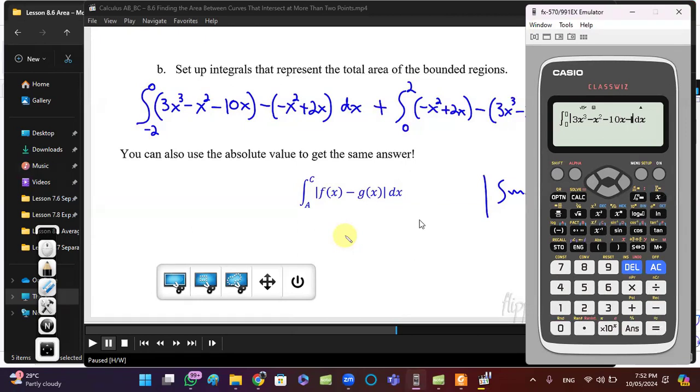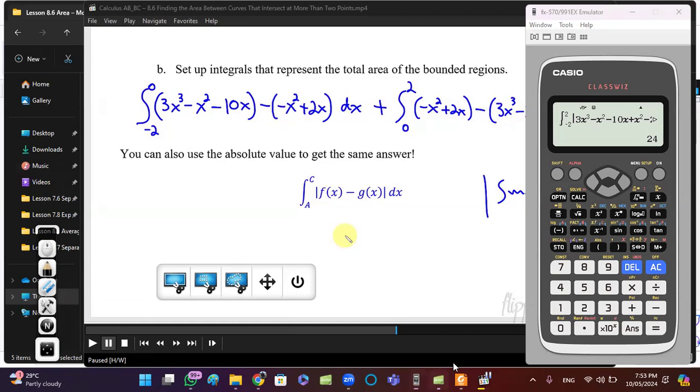Minus negative, negative, positive. So I will make it plus x^2 minus 2x. And I will start here from negative 2 till 2. And I will see what is the result we got.